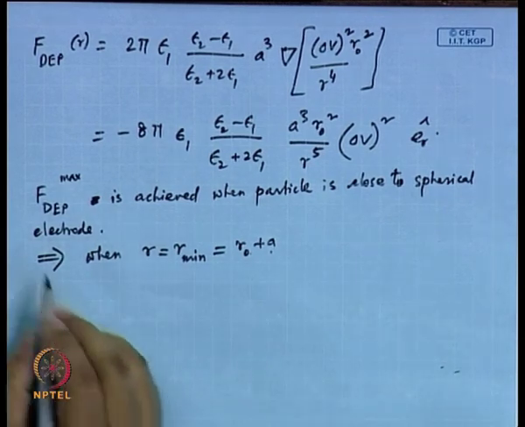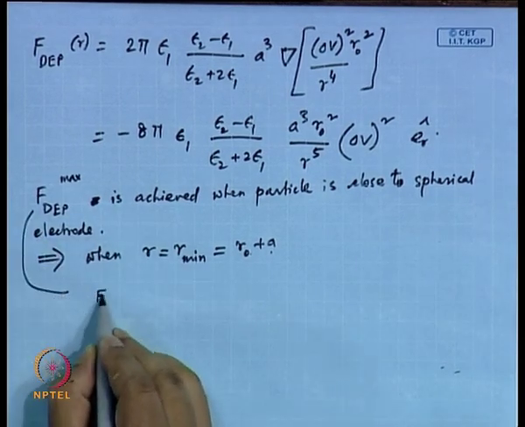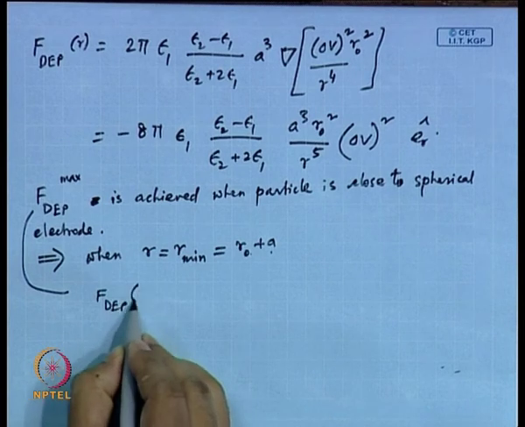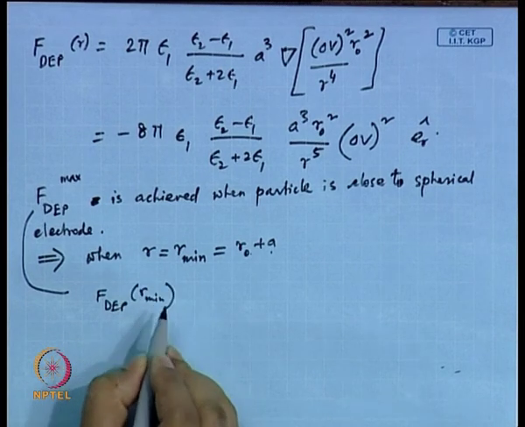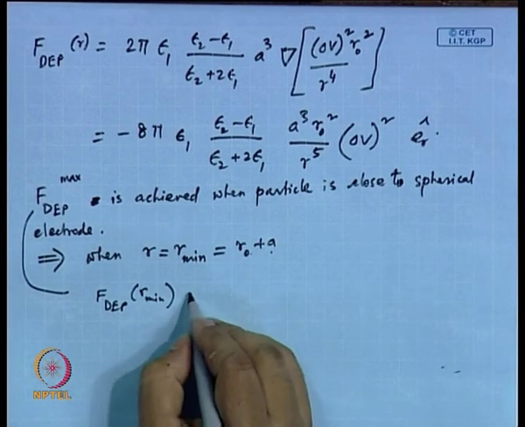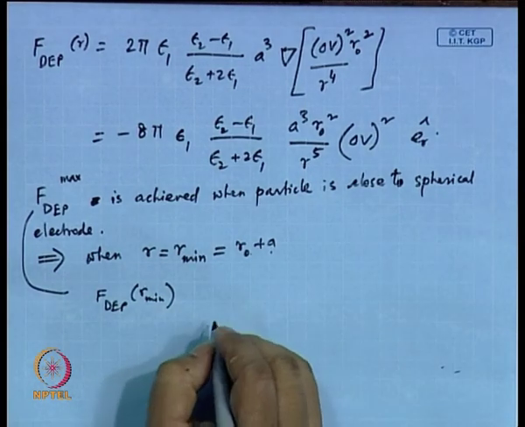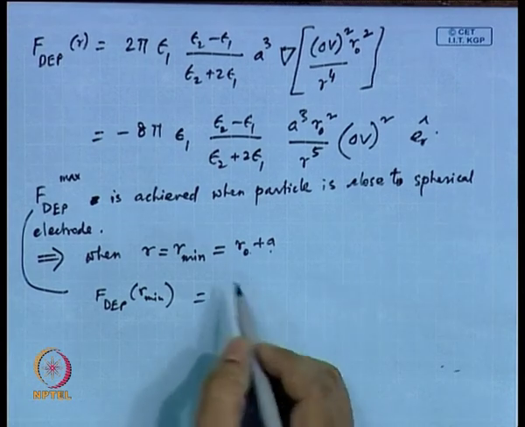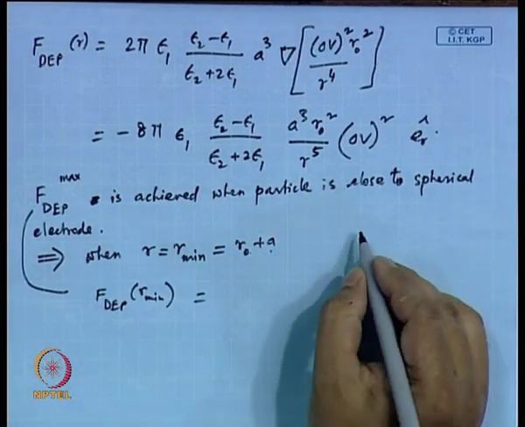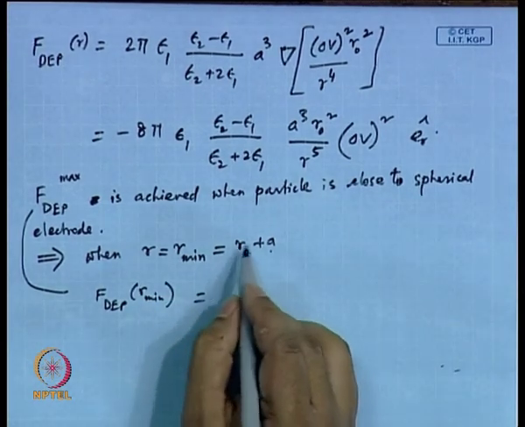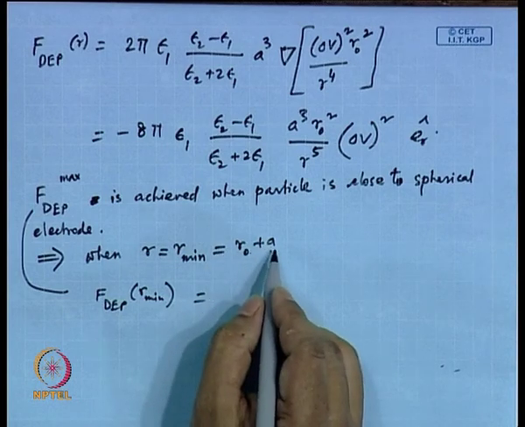So, this FDEP max is equal to FDEP at r min, and if you put that r min in, there is a way to handle this further. You can take a ratio of these two.